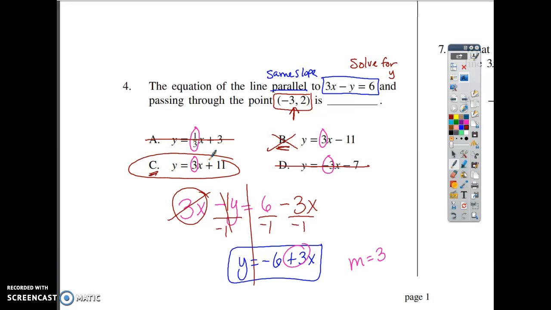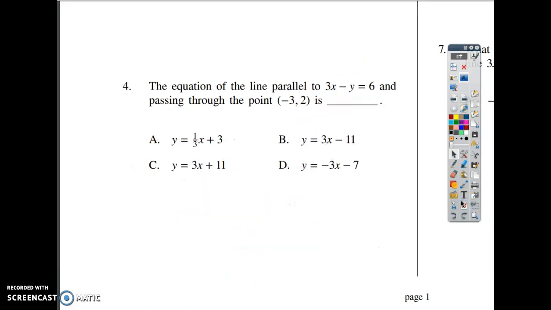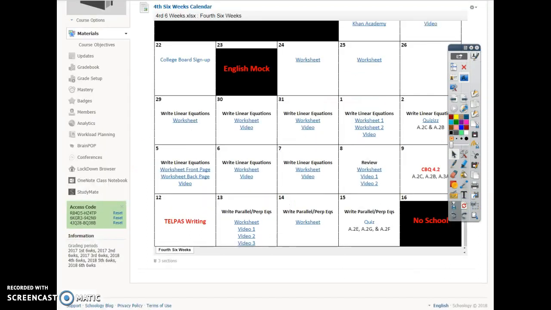Okay? But for today, we're going to continue on problem 9, 10, and 11. We're going to continue working those point slope forms. So on the calendar, we're going to go to today's worksheet.